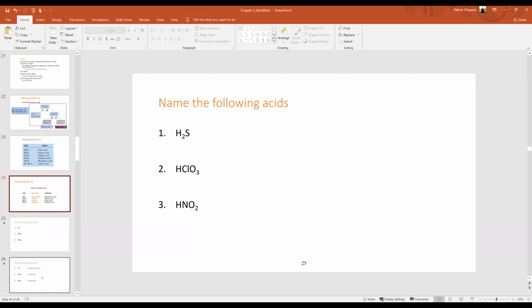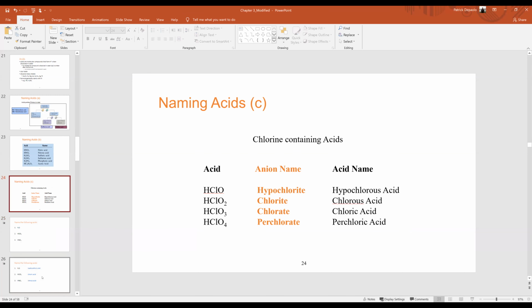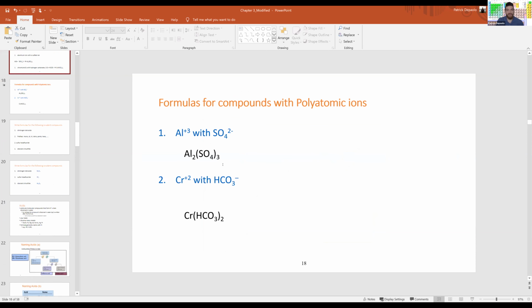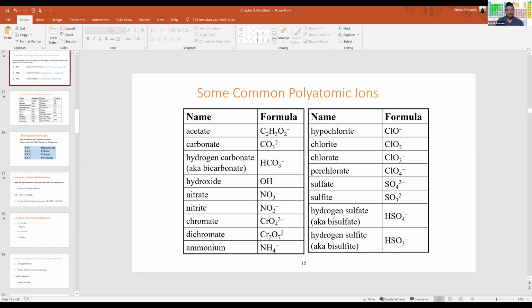I have a question. Yeah, what's up? How did you know how many hydrogens to put in? Because if you go to the other slide before, they're not all just one. Some of them are what we call polyprotonated. So good question. The way you know is by the charge of that polyatomic ion. So NO3, if you look at the charges of them, you look at these.